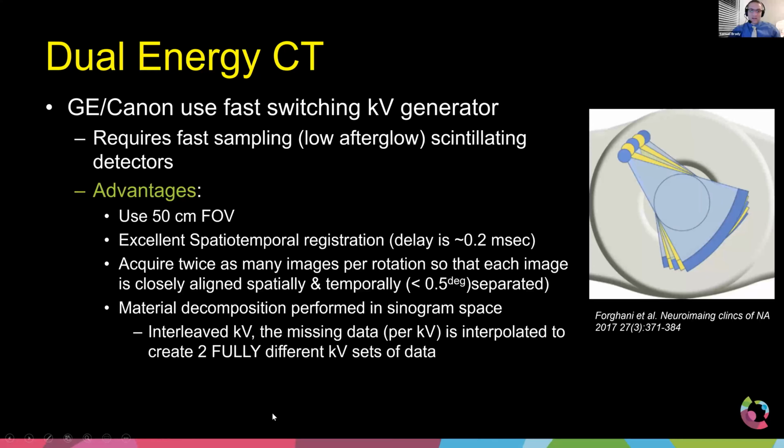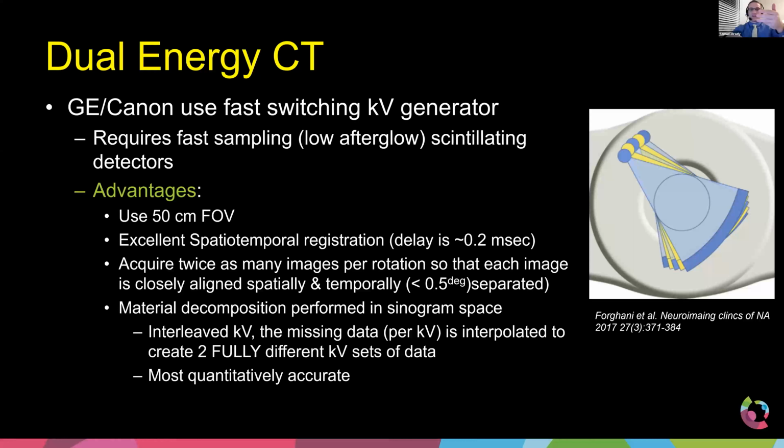So basically, because you collect at 80 kV and then you spin a little bit and you collect 140 and you spin again at 80, if you think about it, you're missing every other set of projection data, a little bit of data in between.